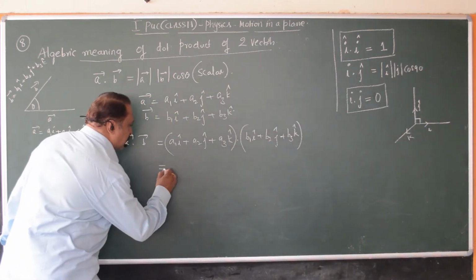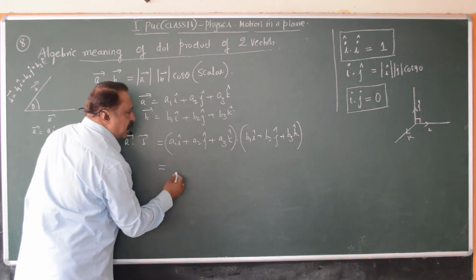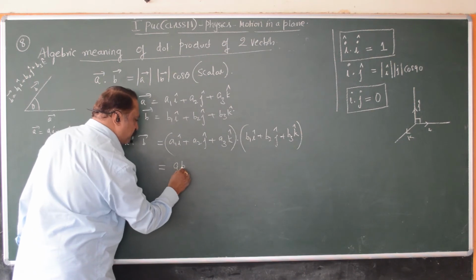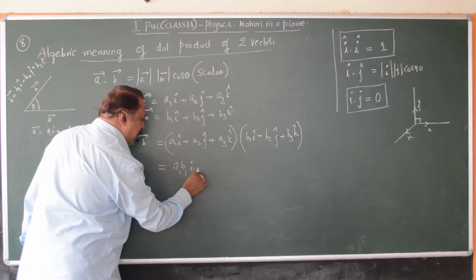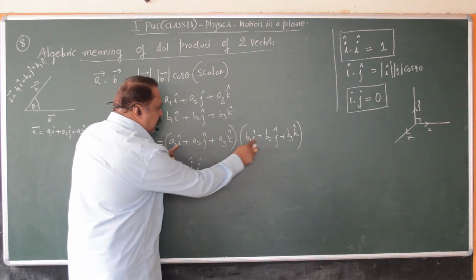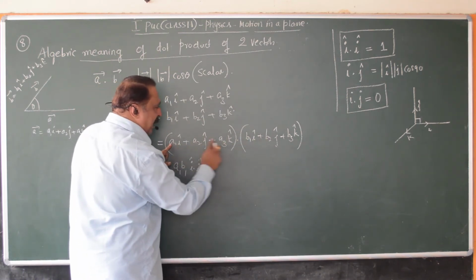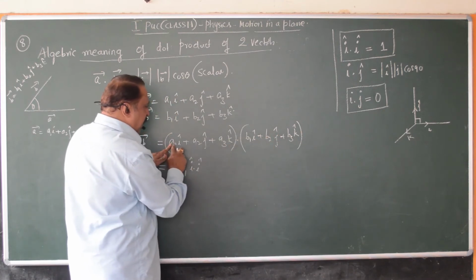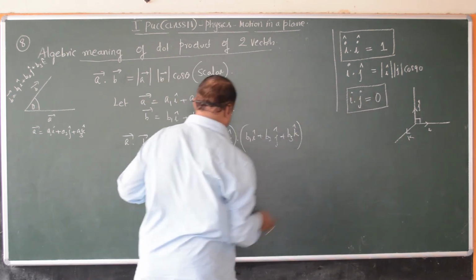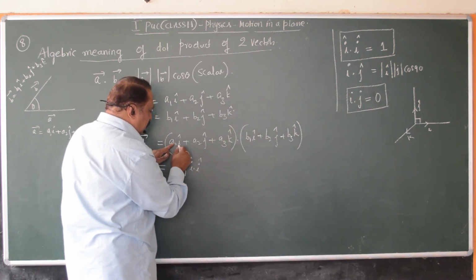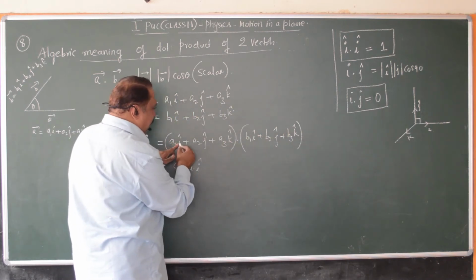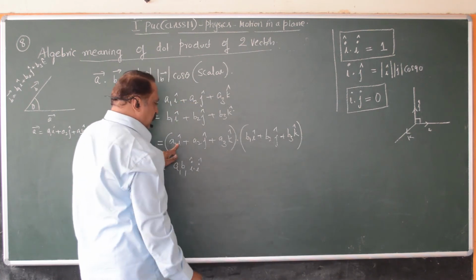Now I will multiply this. This is A1 i into B1 i, so A1 B1 i dot i. When I go for the second term, A1 i cap into B2 j cap, A1 B2 i dot j, and i dot j is 0. So leave that term. Now the first term A1 i cap with B3 k cap, i dot k, is 0 again.